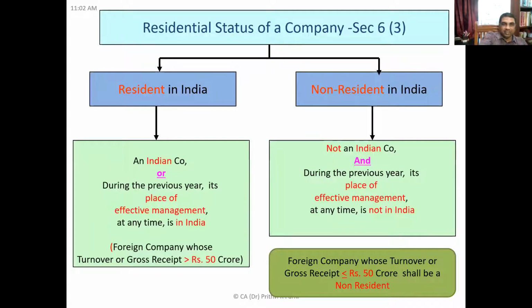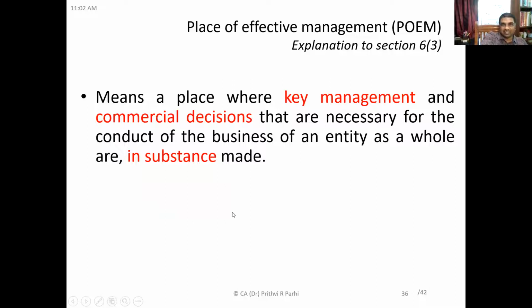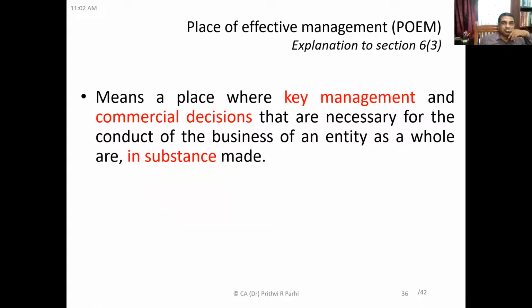If its place of effective management at any time is located in India, then it is resident in India, unless its gross turnover is less than or equal to 50 crore. Did you understand place of effective management? Is it clear up to this? Yes, sir. Company's residential status.